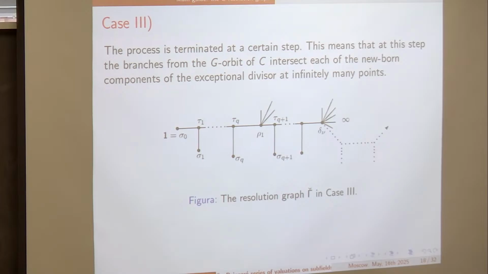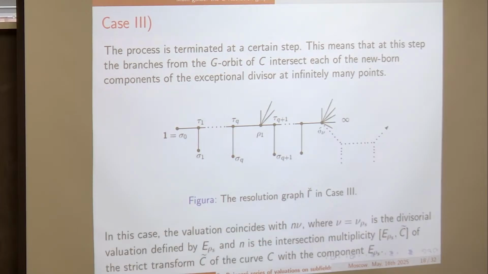By the way, in this case, one can see that the valuation restricted to the field K coincides with n times nu, where nu is the divisorial valuation defined by this. So here you have a divisorial valuation in the complex setting, and the valuation we define is just a multiple of this. So in some sense, it's the same valuation.